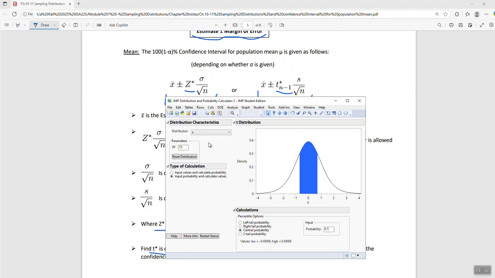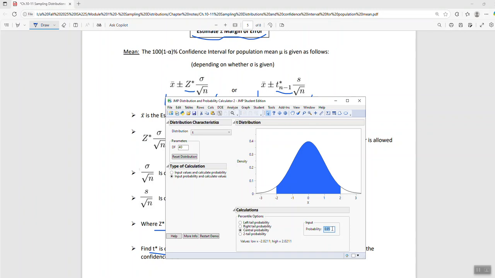Whenever you talk about the T distribution, you can see that notation here. It is also related to the sample size. That's why you have a different parameter to enter, which is the degrees of freedom. For example, if our degrees of freedom is 40 and we want a 95% confidence interval, then your T star will be 2.02.